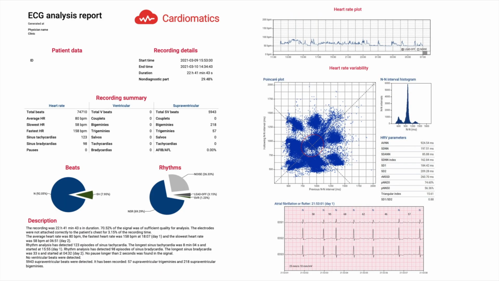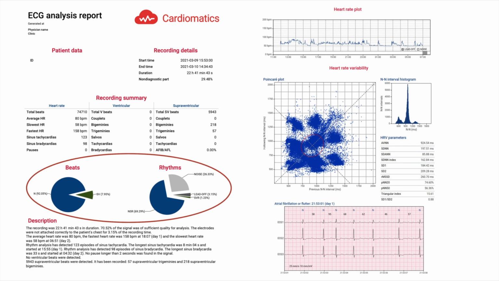The most important ECG fragments selected by the algorithm are collected in a report generated by Cardiomatics. It also provides a summary of the ECG analysis, as well as the number of ventricular and supraventricular beats. The report also includes statistics on atrial fibrillation, which are the most important aspect from the physician's point of view.